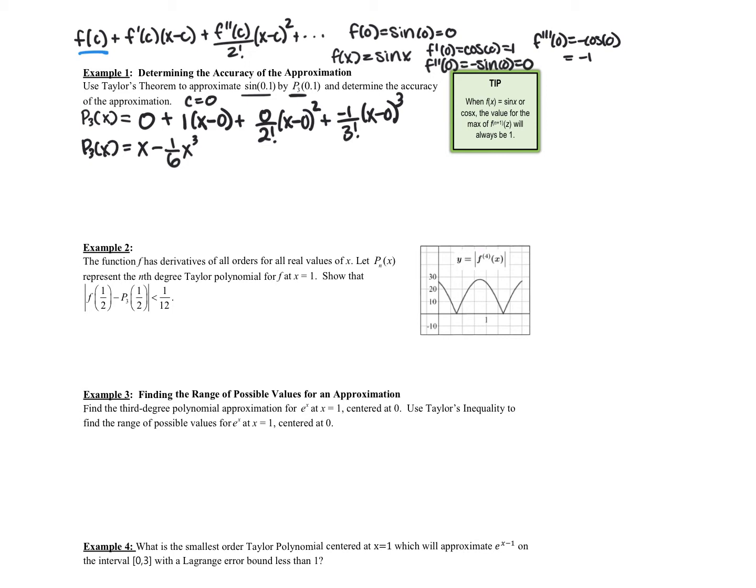So now we're going to use this Taylor polynomial to approximate sine of 0.1. This Taylor polynomial is approximating sine. So to find an approximation for sine of 0.1, we'll plug 0.1 into our third degree Taylor polynomial.